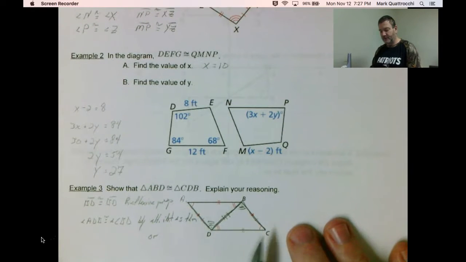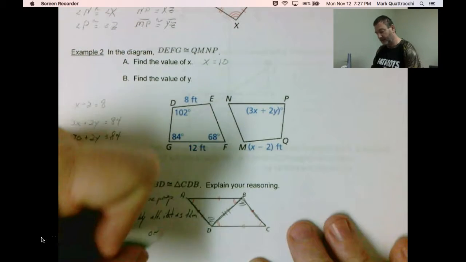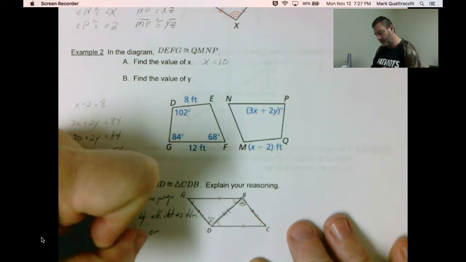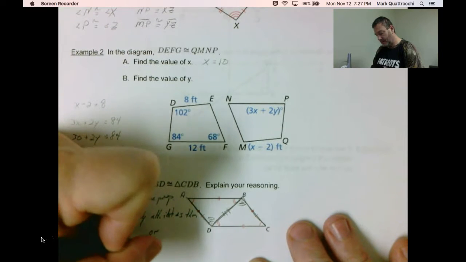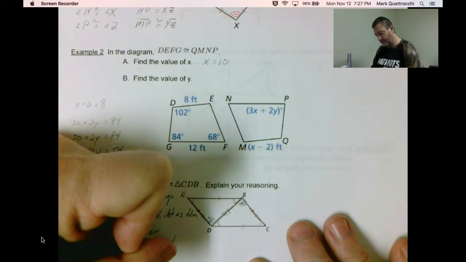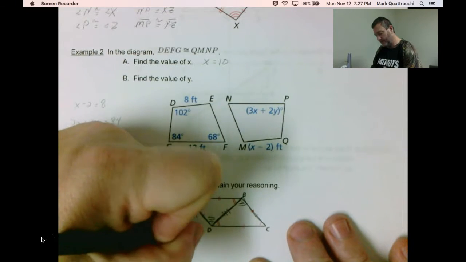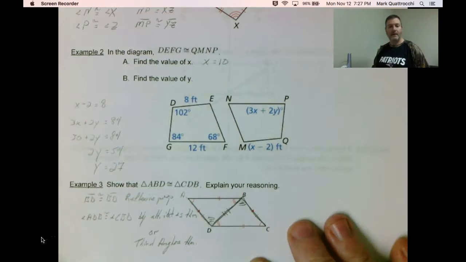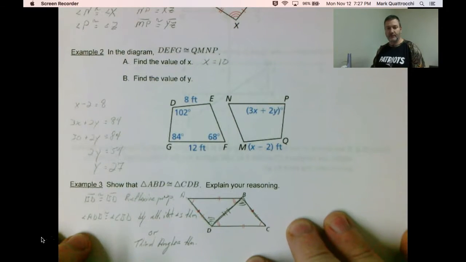I have 2 of the 3 angles of 2 triangles congruent to each other, so the third pair of angles must be congruent. Either one gets us our third pair of congruent angles, making these 2 triangles congruent to each other.